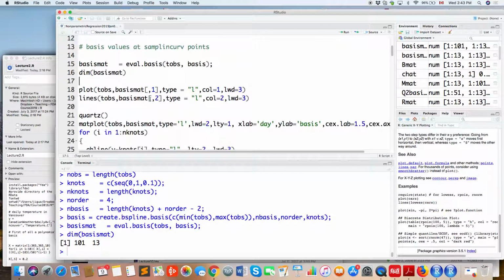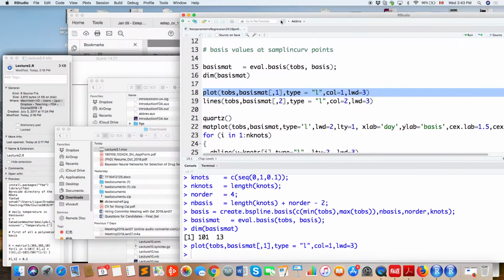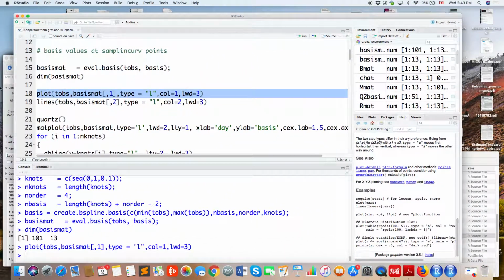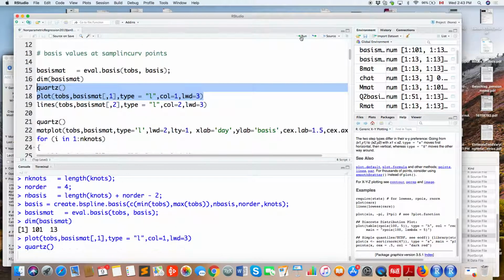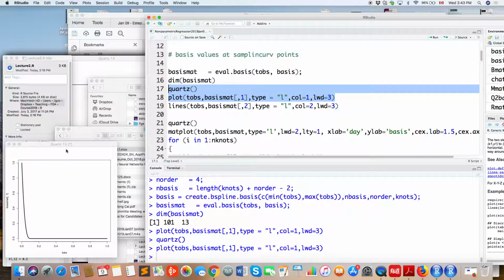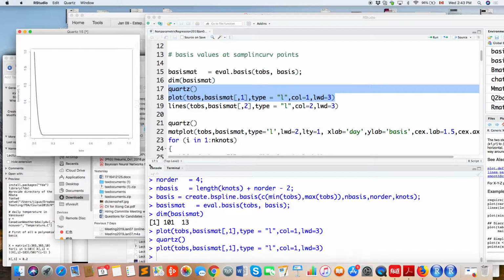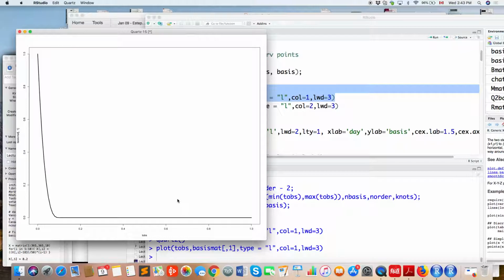So each column of this basis matrix is one basis function. This basis matrix will be the phi in the slides. Now if we plot the first column, it will be the first basis function.